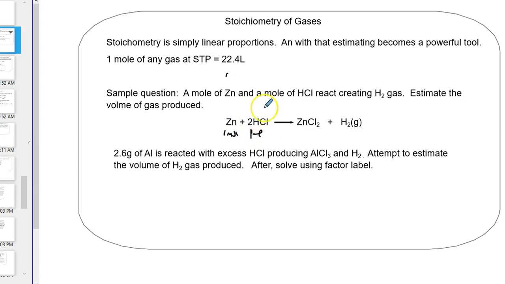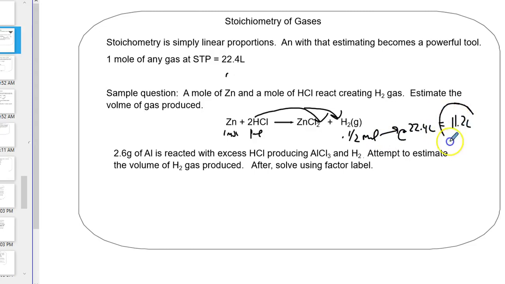So I'm going to get, in this case, every 2 to 1 ratio for the volume of product gas, which is this guy. So I'm only going to get half a mole. Since at STP it's 22.4 liters, I'm going to get 11.2 liters. And that's a pretty common multiple choice question.